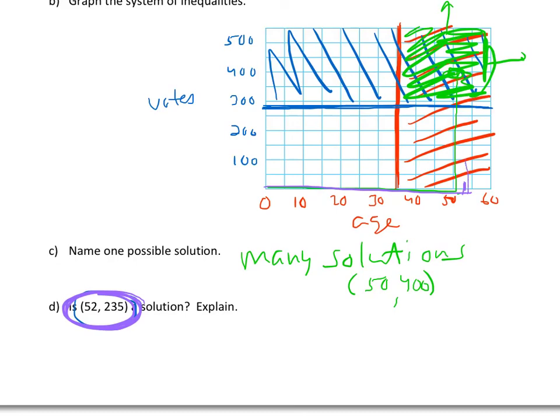Up to 235 would be about there. Now that one works for age, but it falls short for number of votes needed. So this is not a solution. And our reasoning is not enough votes. This ends 2.6, video part 3.